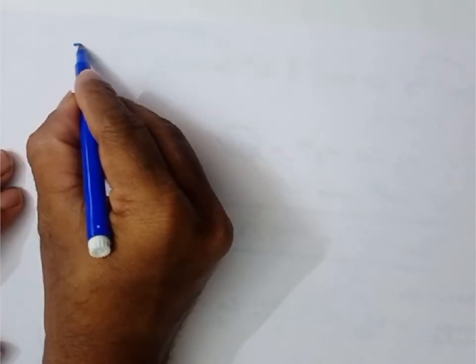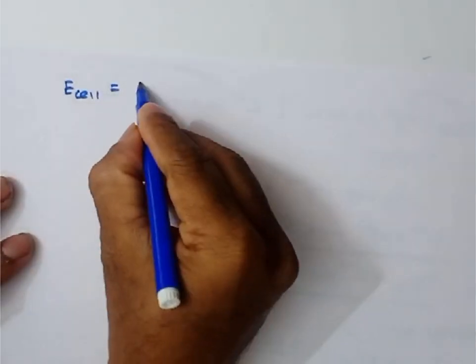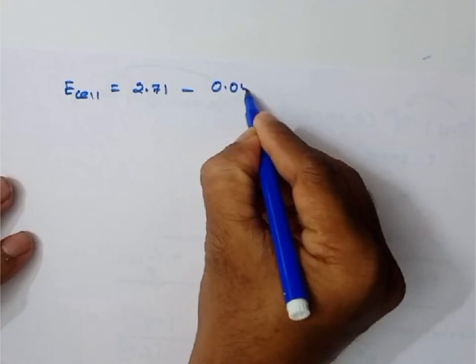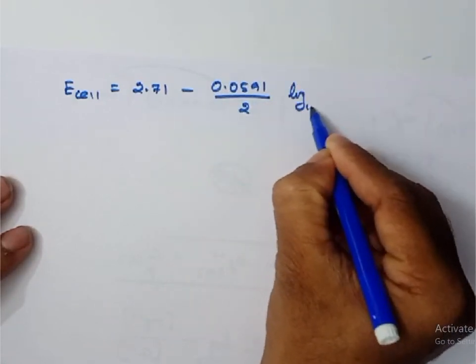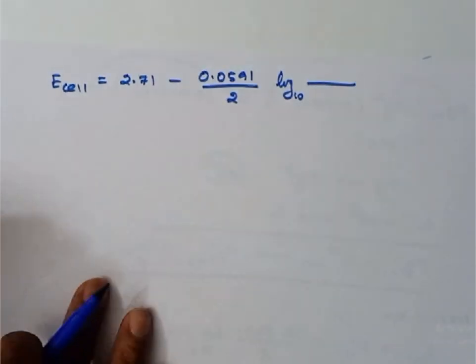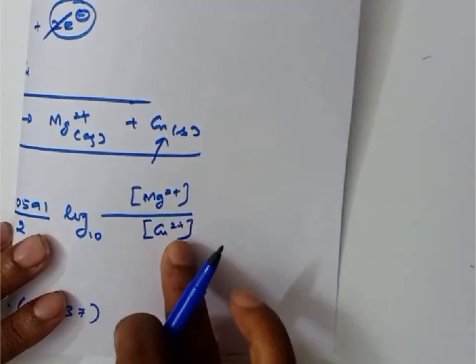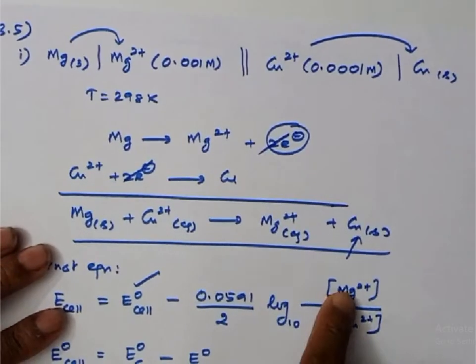So how to calculate the cell potential? E cell equals E naught cell, which we have calculated as 2.71 volt, minus 0.0591 by 2 log base 10. In the numerator we have the concentration of magnesium ion, in the denominator the concentration of cupric ion.